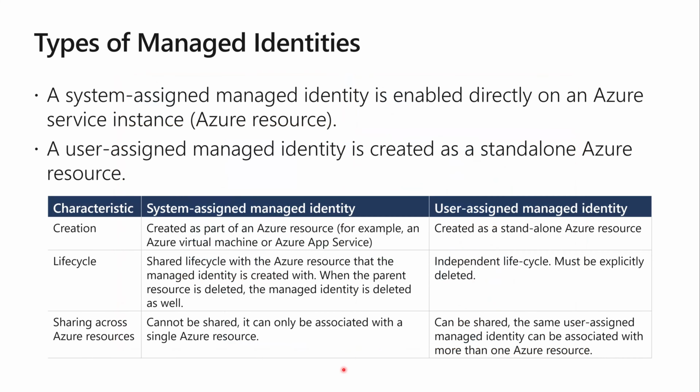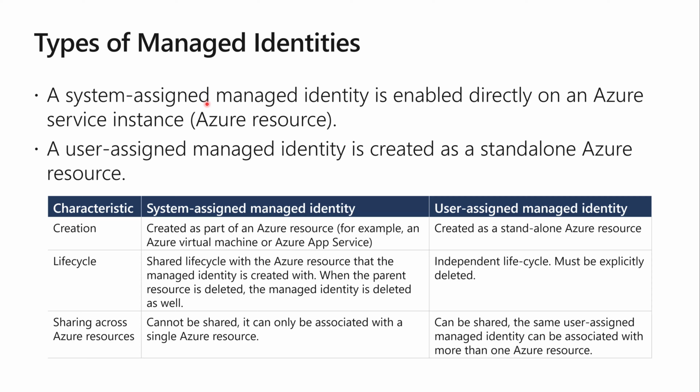And there are two types of managed identities. What we are demoing here today is a system assigned managed identity. We have a resource, and that resource will have a managed identity directly associated with it.